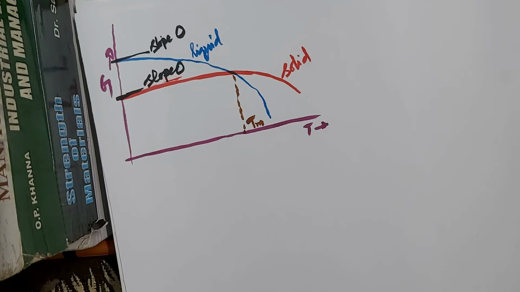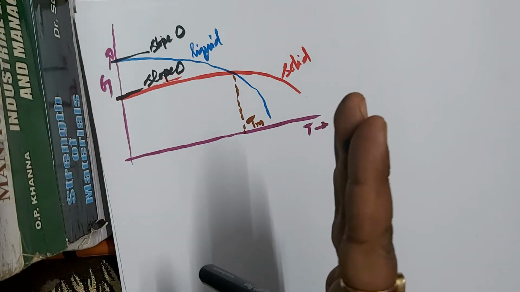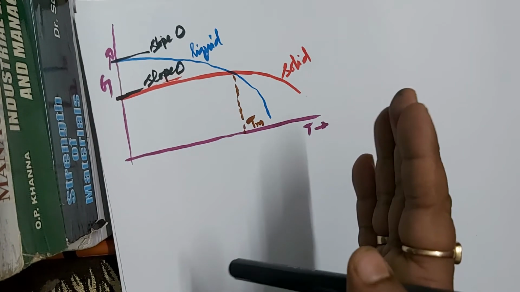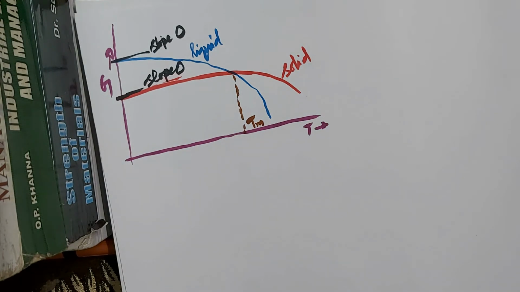So from this graph we can easily say that whichever state has the minimum amount of free energy, that state will be in equilibrium. Before the melting temperature, the solid state has less free energy, so the solid state is in equilibrium.